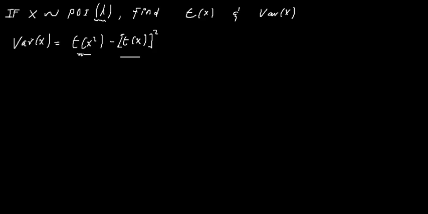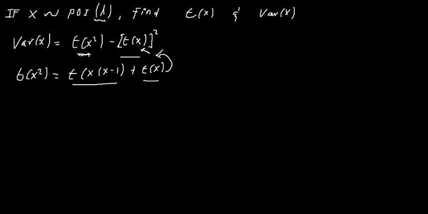Well, let's compute this. The identity for this is just expected value of x times x minus 1, plus expected value of x, like that. So this, we know, is the same as the expected value we have in here, but we don't know this. So let's go on and compute what we don't have.